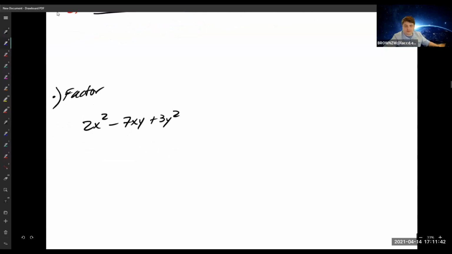So starting this off just like last time, we're going to have an A, a B, and a C. So multiplying that out, up top we have A times C, so that's 2 times 3, which gives me 6. And on bottom, we have a B term of negative 7. So we have to multiply to a positive number, but add to a negative.